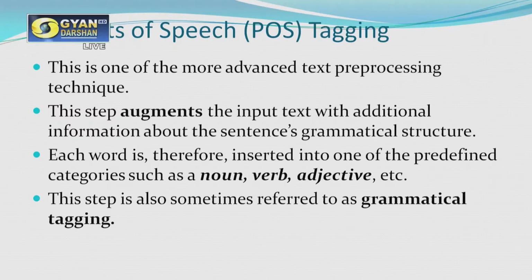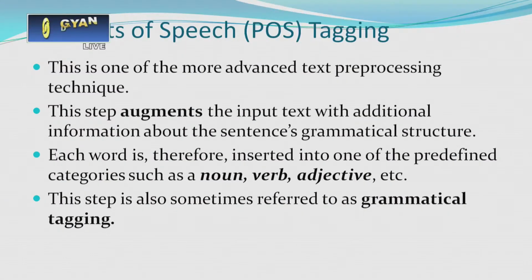Sometimes, in some sentences, the context may vary. In some contexts, the meaning remains the same. In some contexts, the whole meaning may change. So a kind of augmentation, additional information, needs to be provided whenever we take care of parts of speech tagging, that is POS tagging, or grammatical tagging.